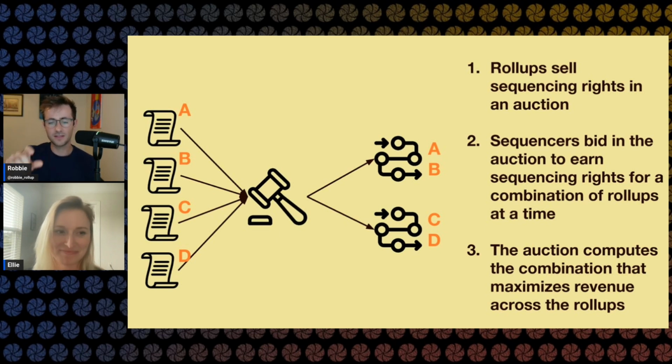And so these sequencers are going to bid at least the reserve price to these rollups. If it doesn't meet the reserve price, the rollups will just kind of sequence on their own. But let's say it does meet the reserve price, and they're sequencing for at least 2 or more of these rollups. Then we have to choose the combination that maximizes revenue across the rollups. And I think this has been the most contentious part, because how do you choose the combination that provides the maximal revenue to rollups?